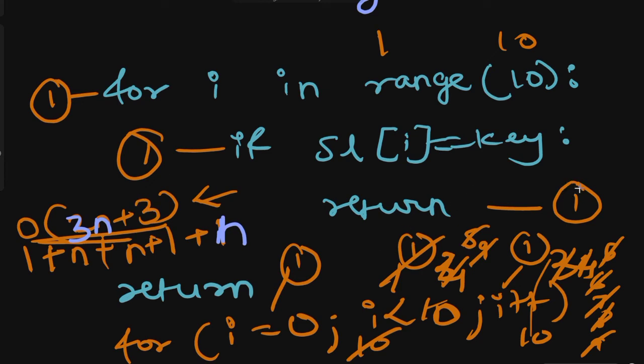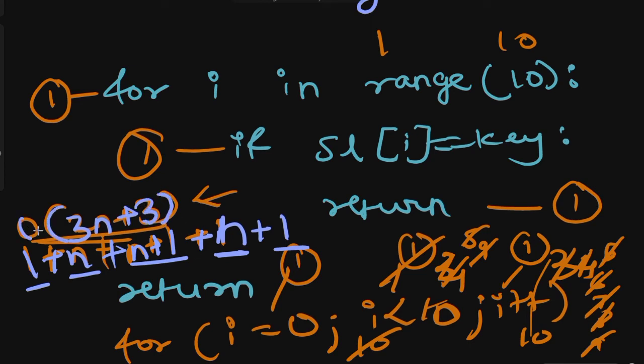If we assume the return takes 1 unit of time, then basically 1 plus n plus 1 plus n and 1. The n plus 1 is a separate thing, for the condition. This is for the incrementation, this is for the initialization, this is for the return, and this is for the body execution. So totally 3n plus 3 is the time complexity. Just remember this, we will come back to it later.